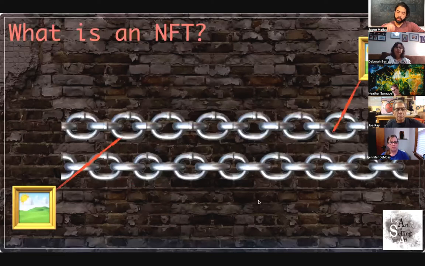So how do you sell this? What is the point of the NFT? I kind of touched on this. If I were to sell a piece of digital art without the blockchain, let's say I sell it to someone who's in this room, let's say Pat Virgo, and then when she goes to sell it, there's no history of who owned it or where it came from or what the previous price was.